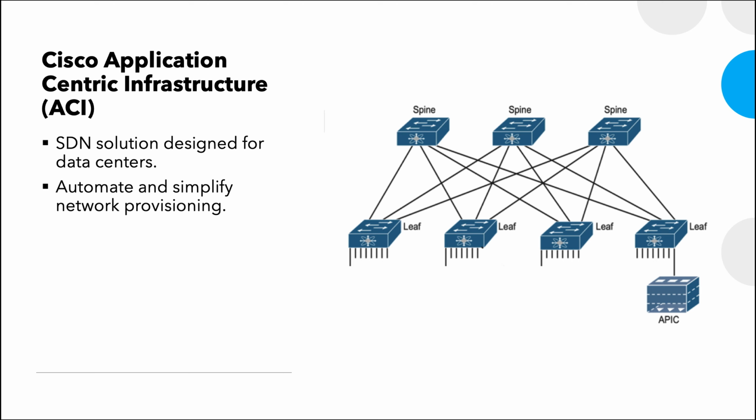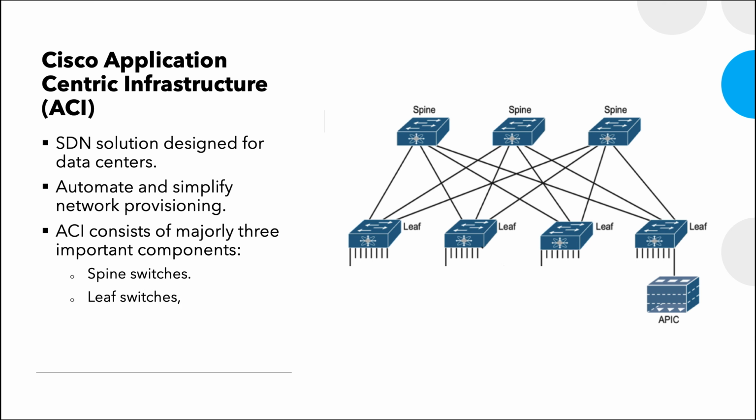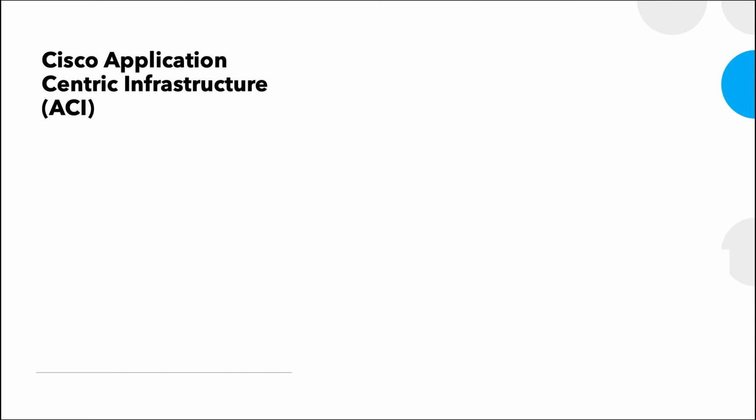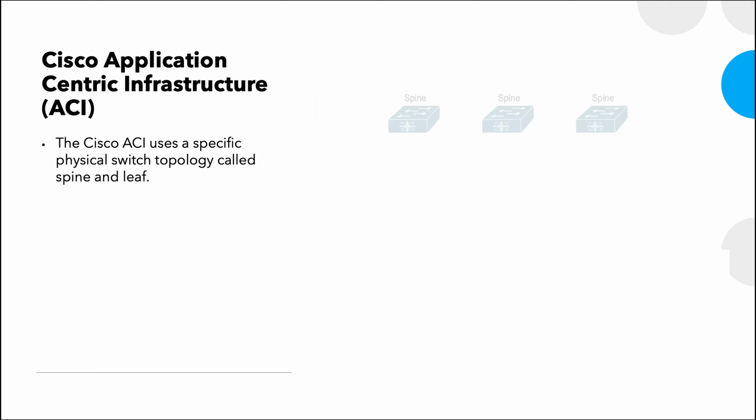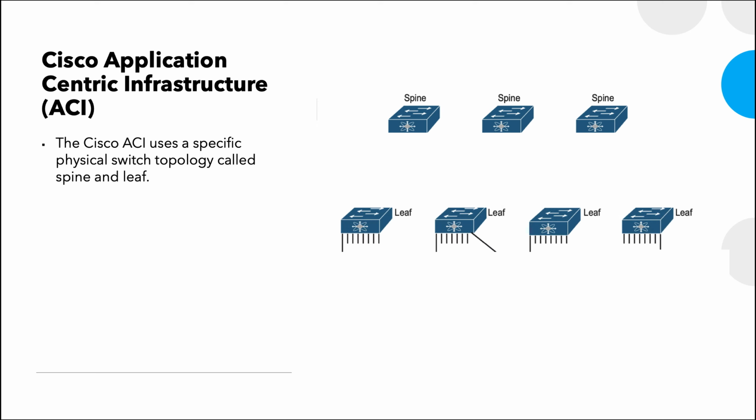ACI consists of majorly three important components: spine switches, leaf switches, and APIC, Application Policy Infrastructure Controller. The Cisco ACI uses a specific physical switch topology called spine and leaf. With ACI, the physical network has a number of spine switches and a number of leaf switches.